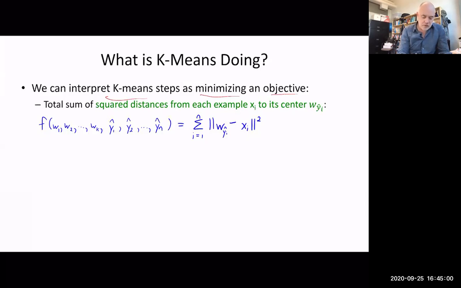Basically, the objective is the total sum of square distances from each example xi to its center w y hat i. Okay, so this notation is a little bit new, but basically y hat i is the label, it's one of our parameters. It's the cluster or the class ID of example i.